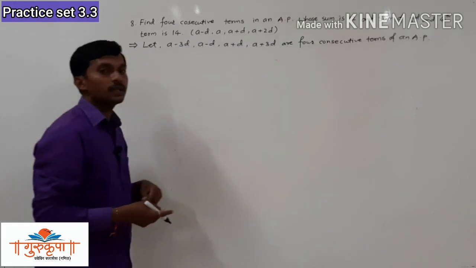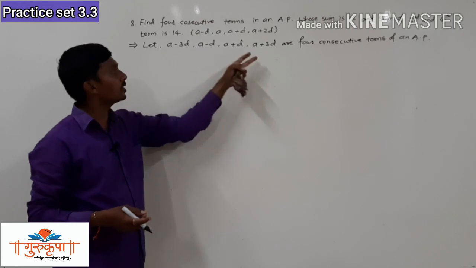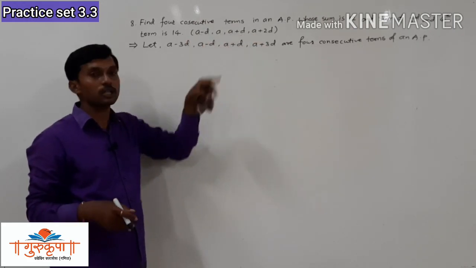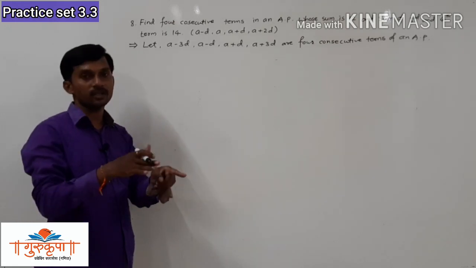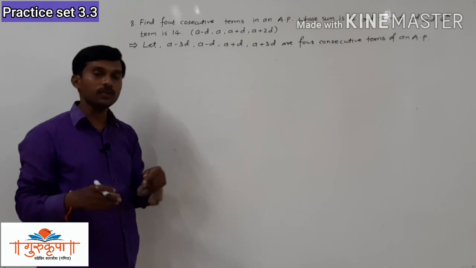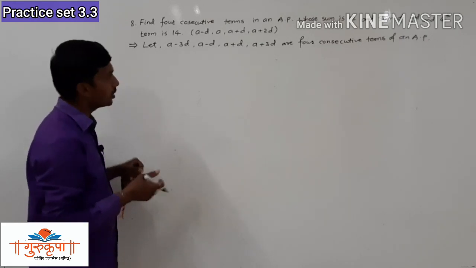The terms which we studied in that concept, only those terms we are using here. We are not using the other 4 terms. You can use those 4 terms also, you will get the same answer. And if we use these 4 terms which we studied, you will get the same answer. The answer is not going to change. So you can use any 4 terms.